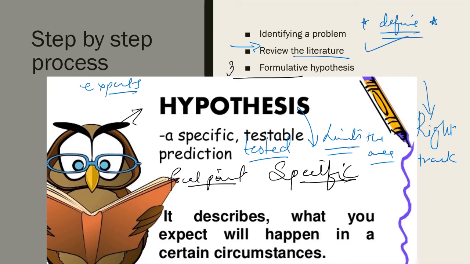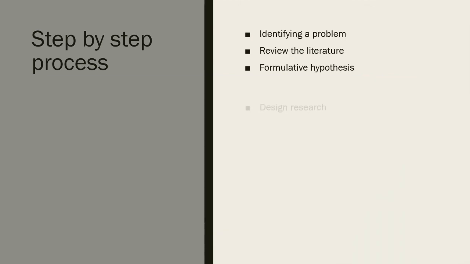The researcher must also define the population on which the research is done, and he should make a roadmap of the entire study, specifying who will participate in the study, how and when the data will be collected, and also the content of the program. After this is done, we move on to the fourth step, and that is design research.